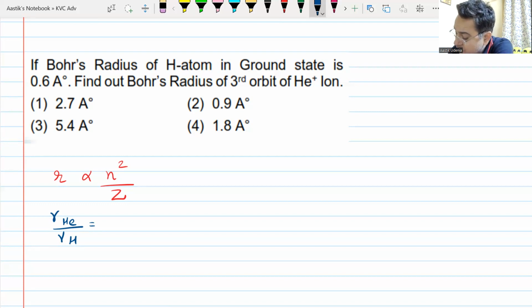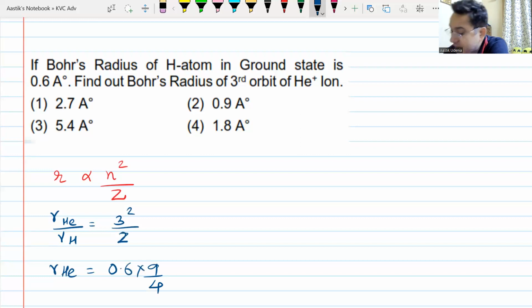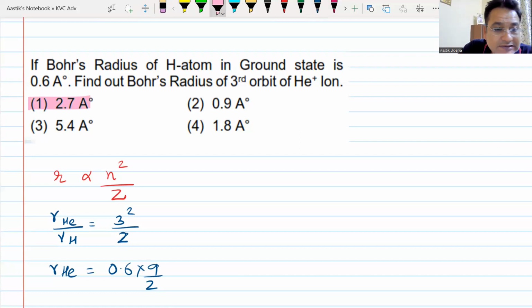So this will be equal to 3 square divided by 2. So radius of helium third orbit will be radius of hydrogen multiplied by 9 and divided by 4. Divided by 2. And the answer, my dear friends, is 2.7 Angstrom units.